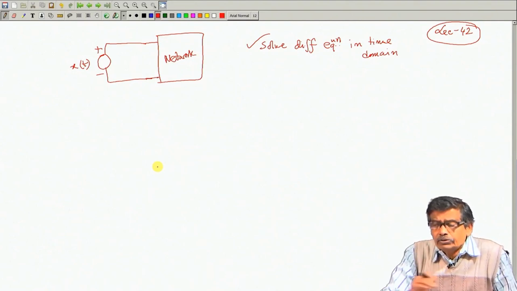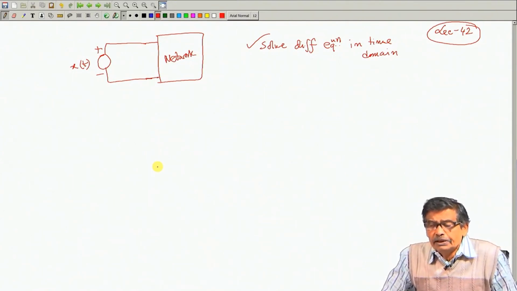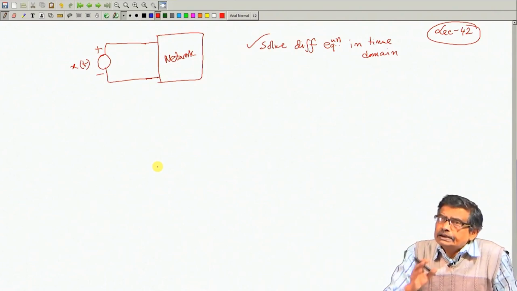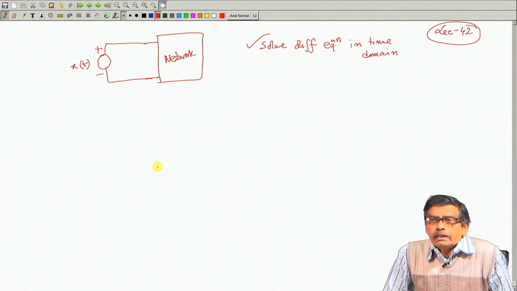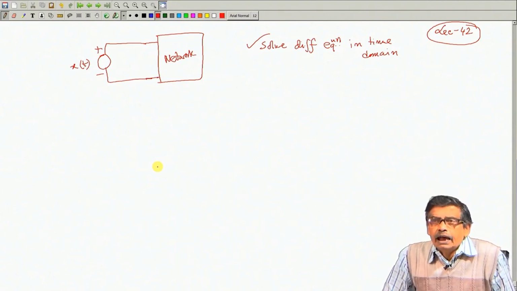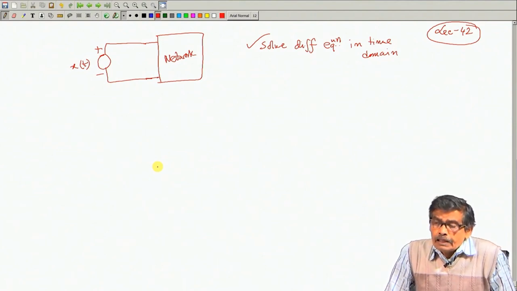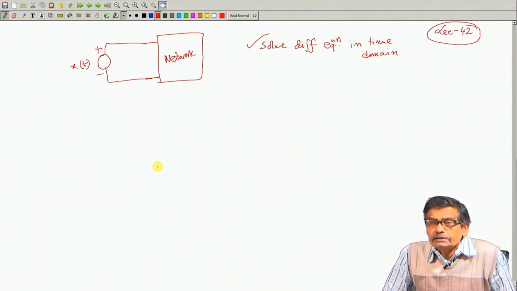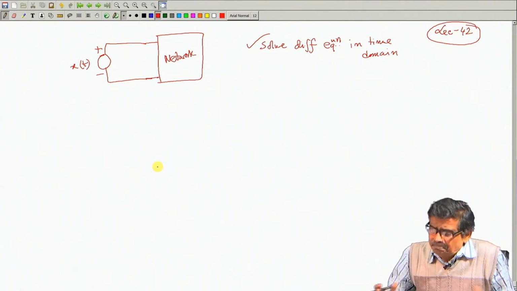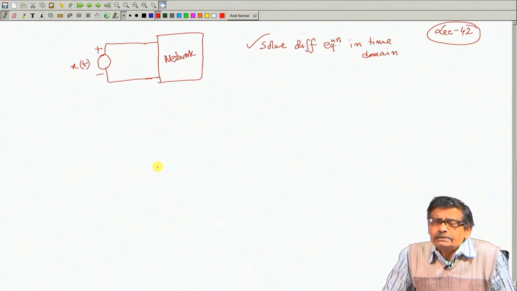Then I also told you these solutions will generally consist of a natural response and a response due to the forcing function, also called the steady state response. The natural response will generally die down with the time constant of the circuit, on the order of milliseconds.